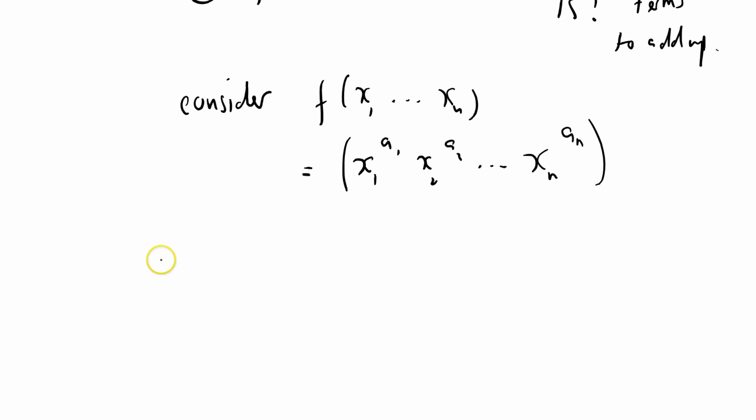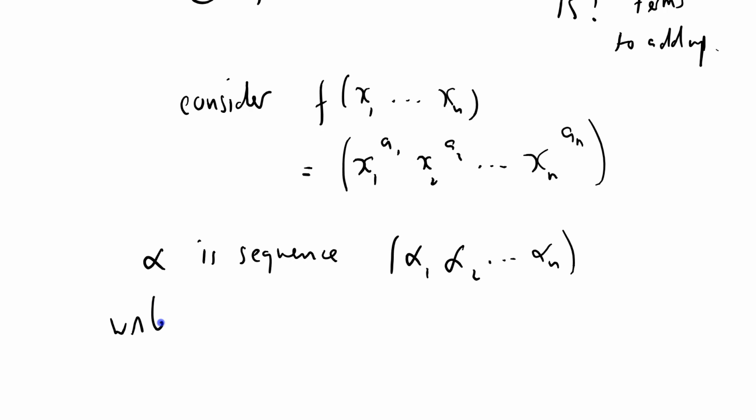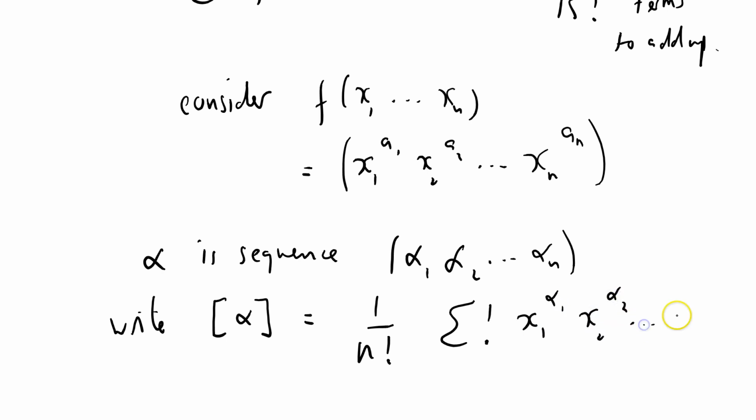If alpha is a sequence, alpha 1, alpha 2 up to alpha n, then I write in square brackets alpha, that is going to equal 1 over n factorial times sigma factorial of x1 to the alpha 1, x2 to the alpha 2, all the way through to xn to the alpha n.